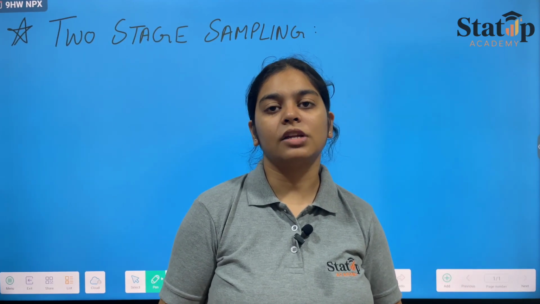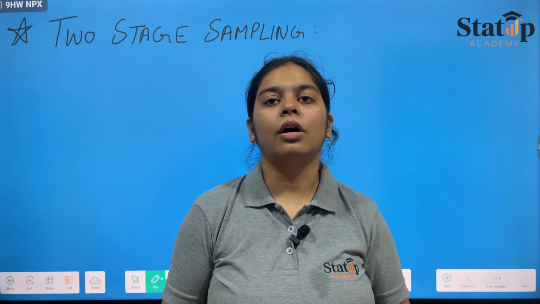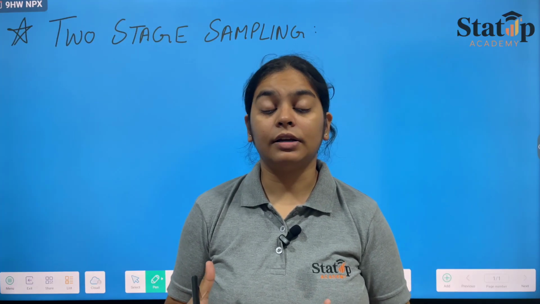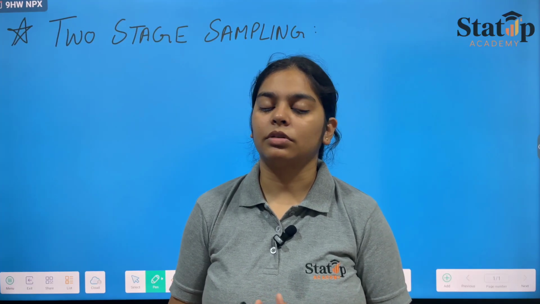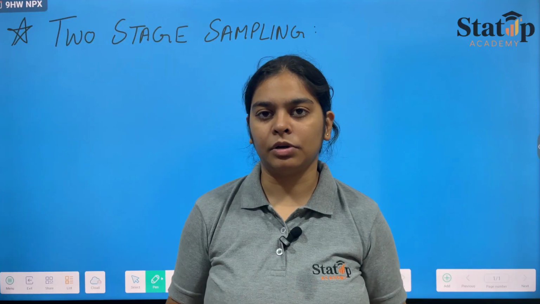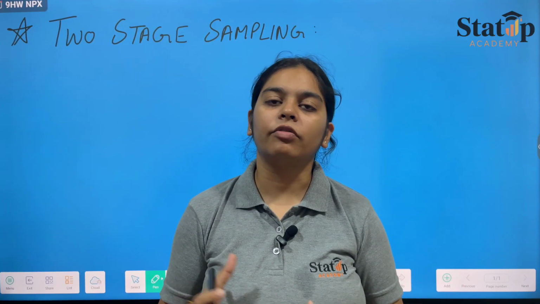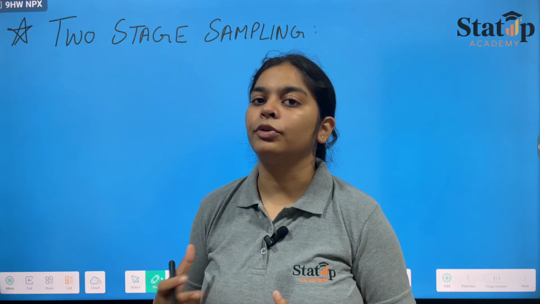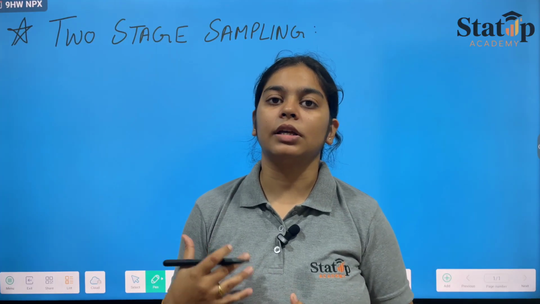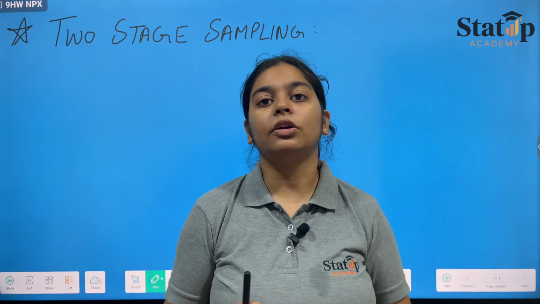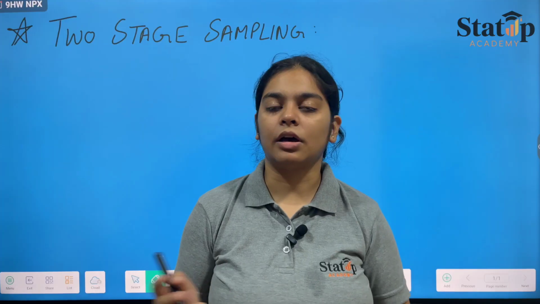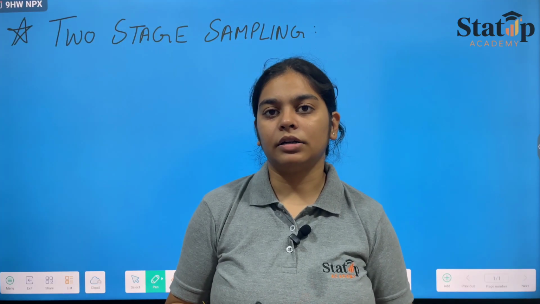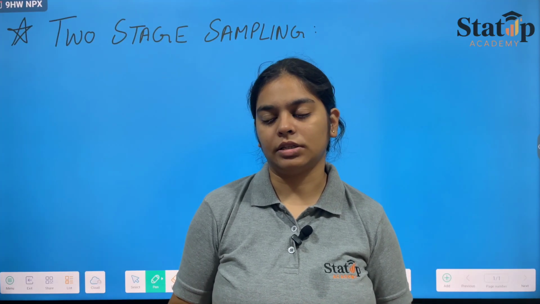Suppose our population has N clusters. In stage one, we select some of the clusters, and in stage two, we select an equal number of units from each cluster. So these are the two stages included in two-stage sampling.